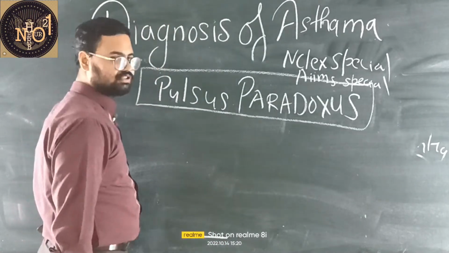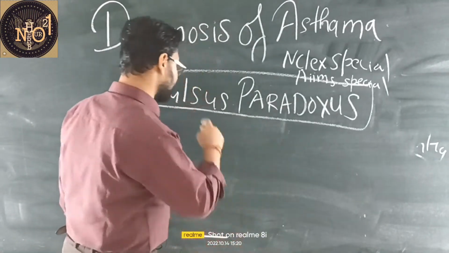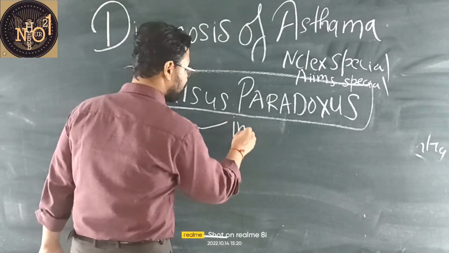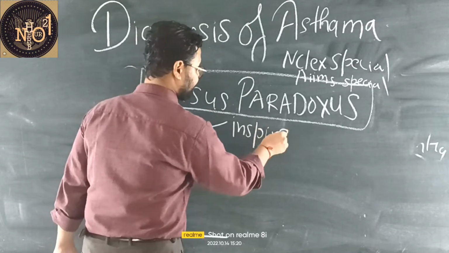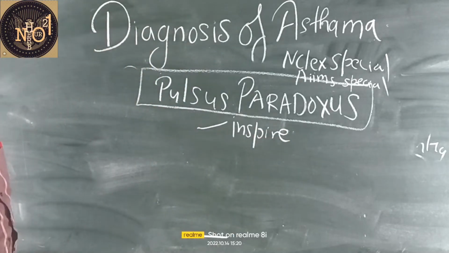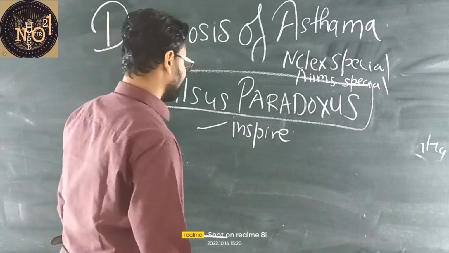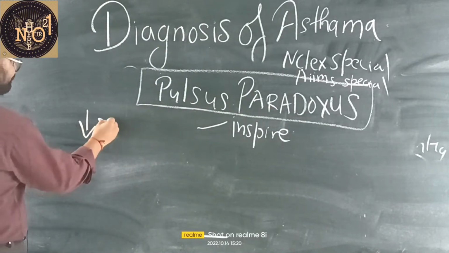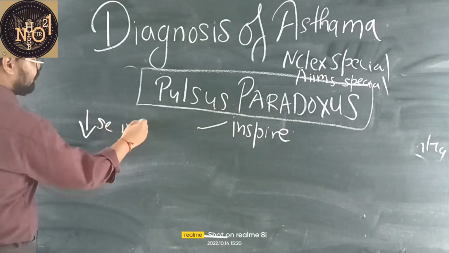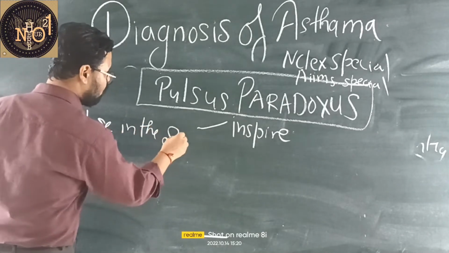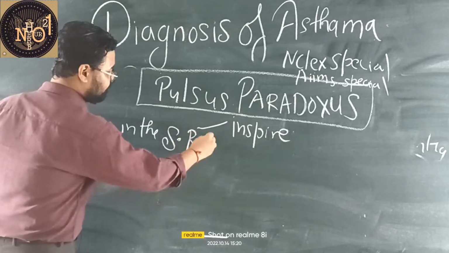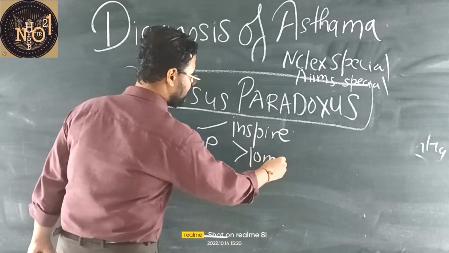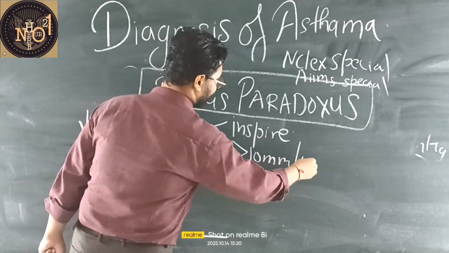What is pulsus paradoxus? Let us see. When the patient will inspire, there will be a decrease in the systolic blood pressure of more than 10 mm of Hg.